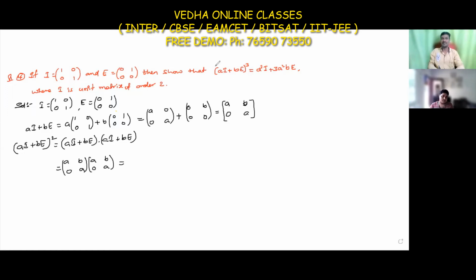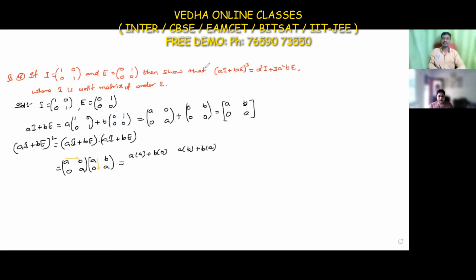Now how do we multiply? We multiply the rows of the first matrix with the columns of the second matrix. So here a into a plus b into 0, then first row with second column: a into b plus b into a.